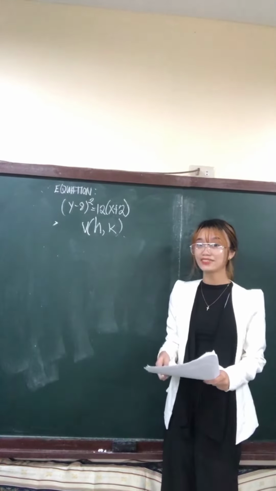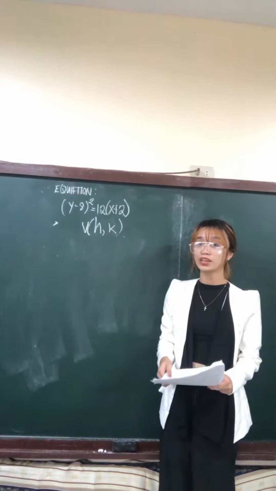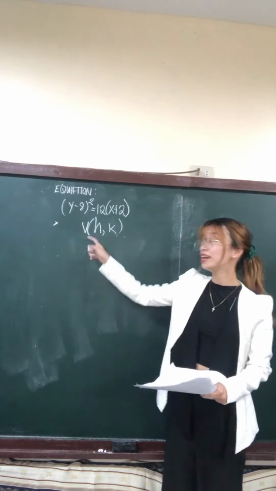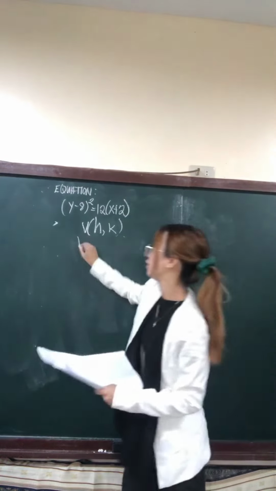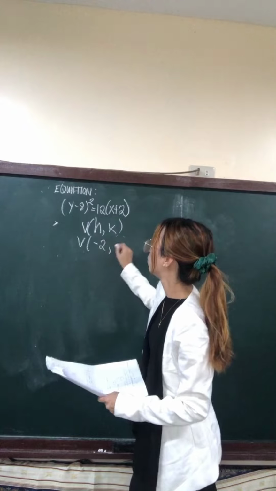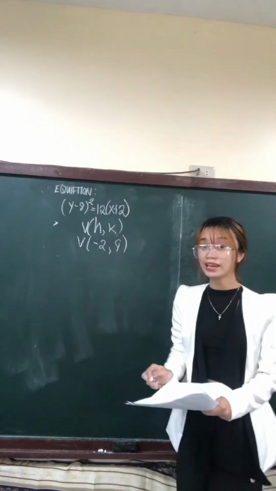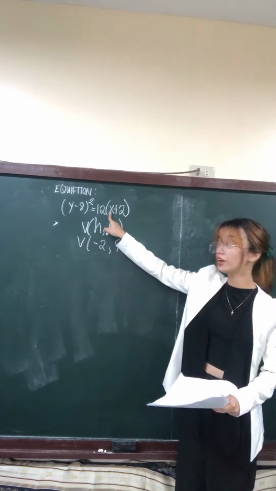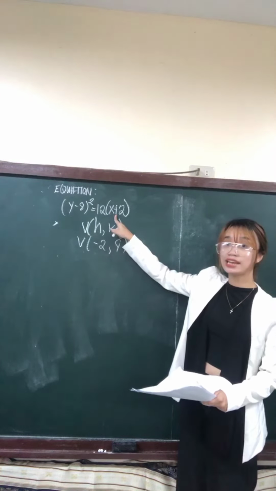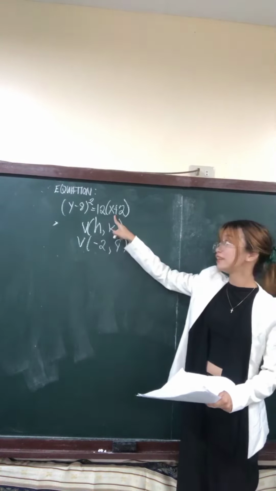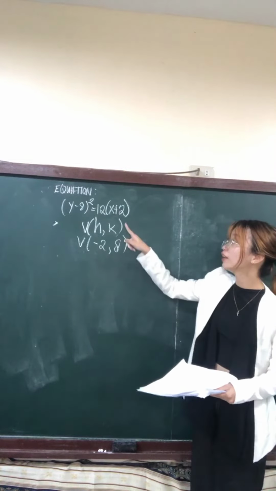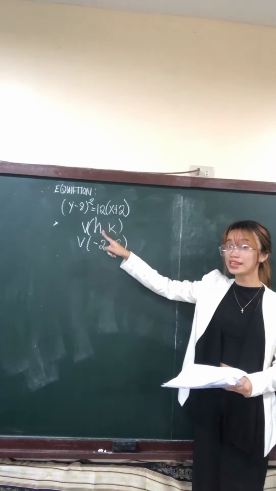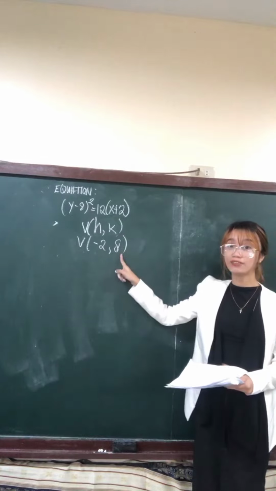So now, let's find the vertex. Given the equation in the form (h, k), we have the vertex of negative 2 and positive 8. Why? Because negative 2 is associated with the x values here, and we change the sign for this. And for negative 8, we change the sign to positive 8 so we can have the k value.